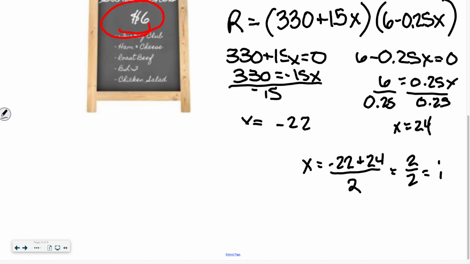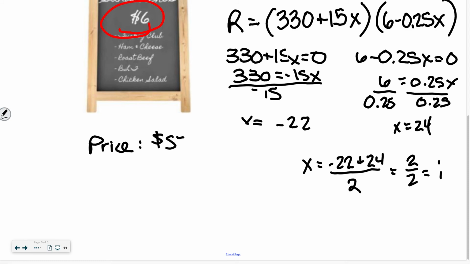What does it mean if x is equal to 1 in the context of this problem? We should do what? We should lower the price one time by 25 cents. So what's the price of our sandwich now? $5.75. Price will be $5.75.